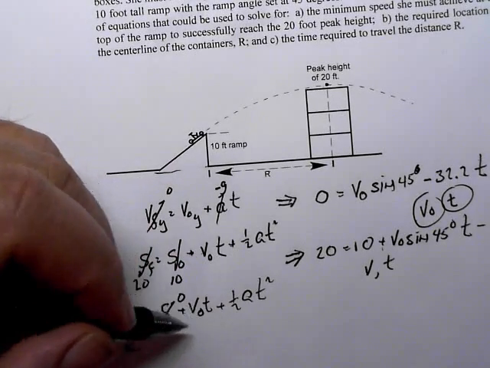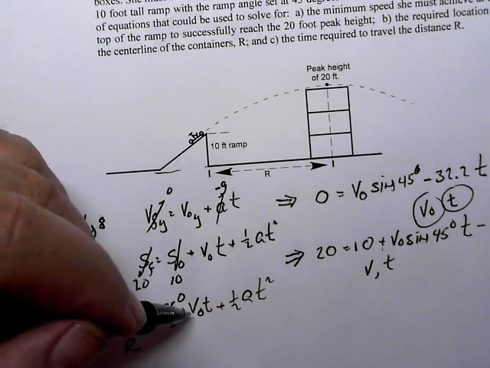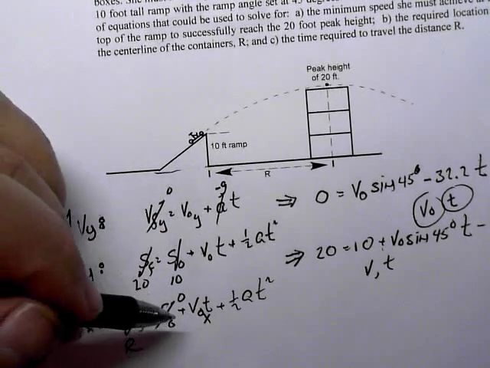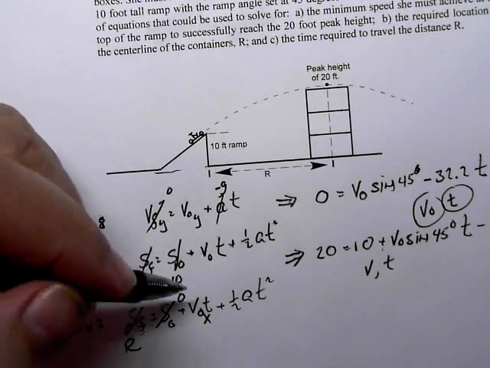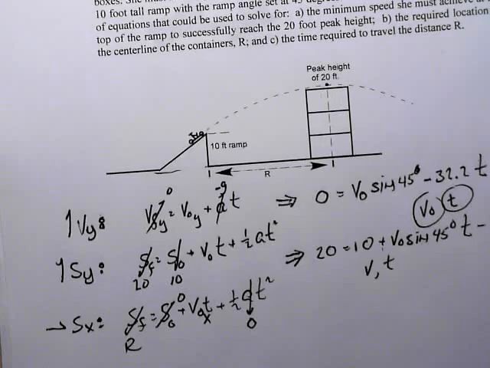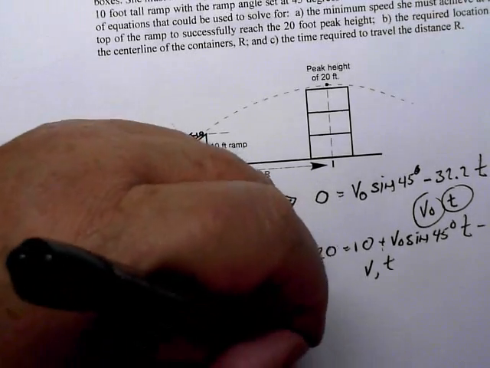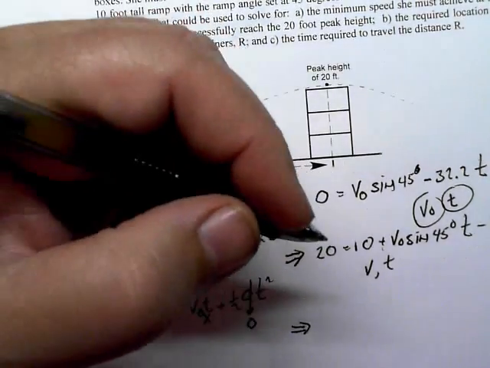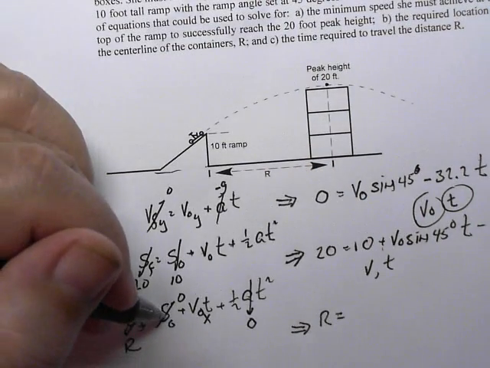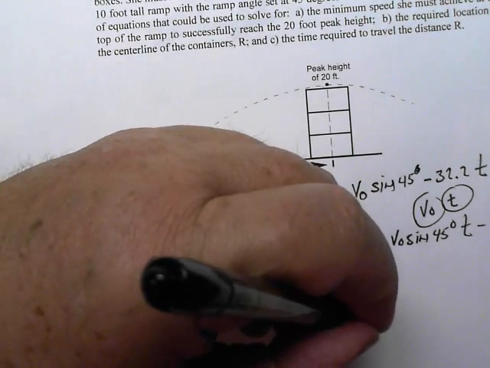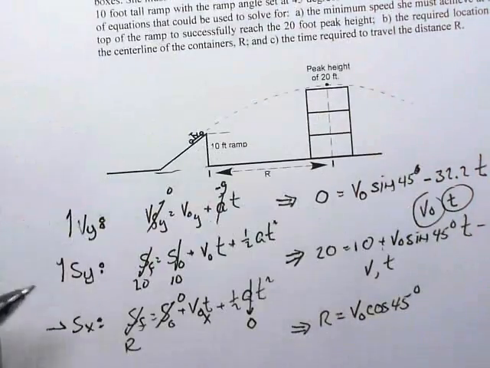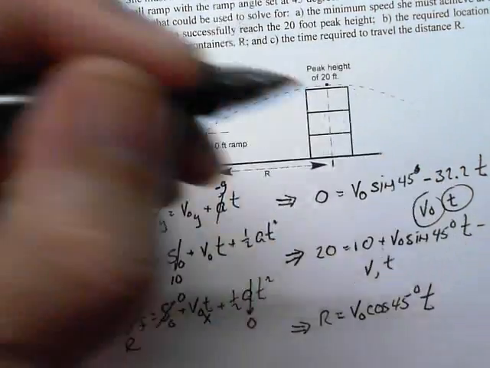And we have a V0 that will become, let's see, this is V0x. So V0x will become V0 times the cosine of 45 degrees. And the acceleration is going to be 0 because we don't have any gravity acting in the horizontal direction. And so this equation produces R is equal to V0 cosine 45 degrees times time.